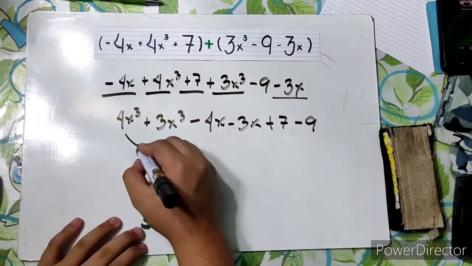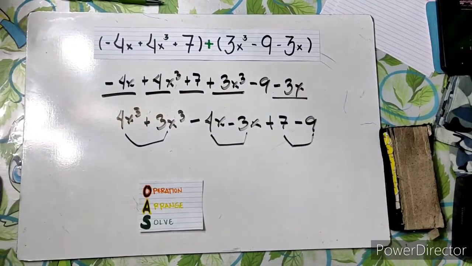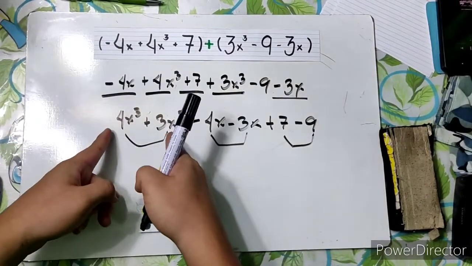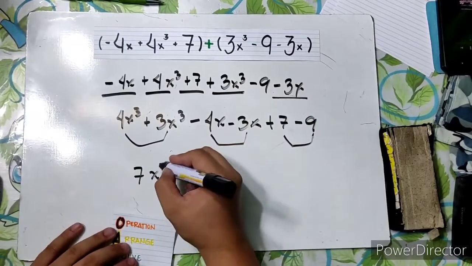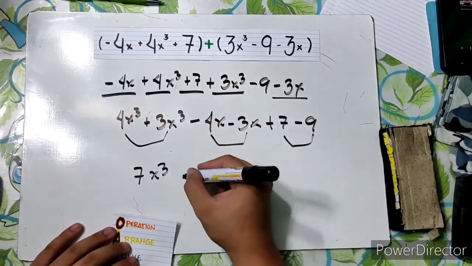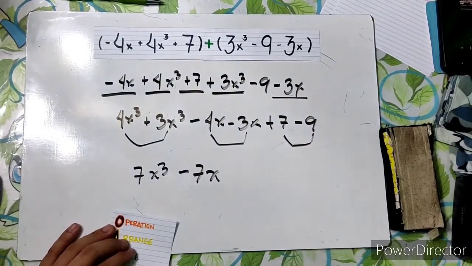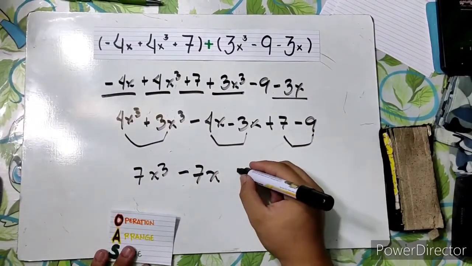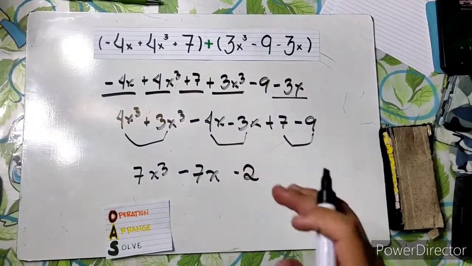So we will solve this because they have the same variable and exponent. So we'll just solve 4 plus 3 is 7. We'll just copy x cubed. Negative 4 minus 3 is negative 7. We'll just copy. And positive 7 minus 9 will be negative 2. So that's how we solve in addition.